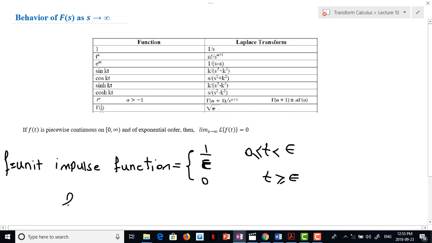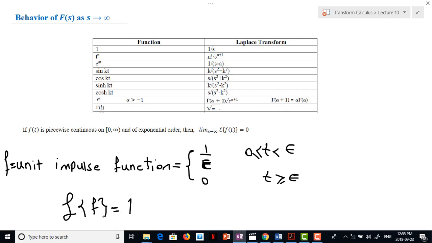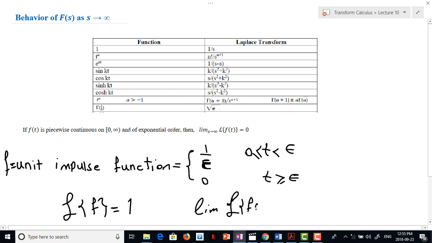In future we will see that the Laplace transform of f is equal to 1. In fact, this function is not piecewise continuous, but it has a Laplace transform. Its Laplace transform is 1, but what's the limit of the Laplace transform of f(t) when s approaches infinity?